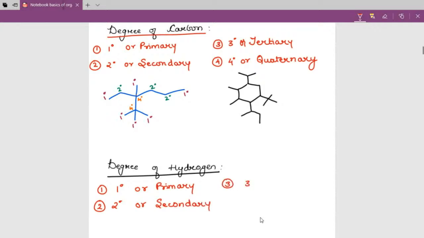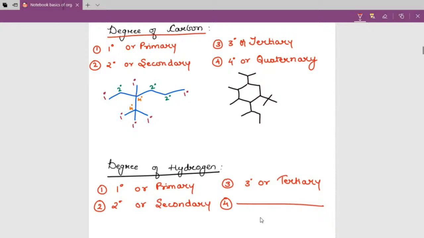If it is connected to 3 degree or tertiary carbon, then it is called tertiary hydrogen. And similarly, could it be 4 degree or quaternary? No, because if a carbon is 4 degree or quaternary, there is no possibility of hydrogen attached to it further. So there is no case of 4 degree or quaternary hydrogen.